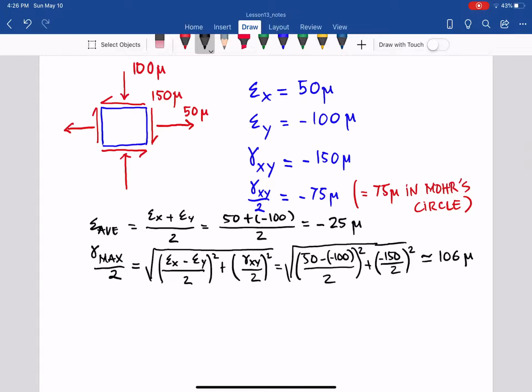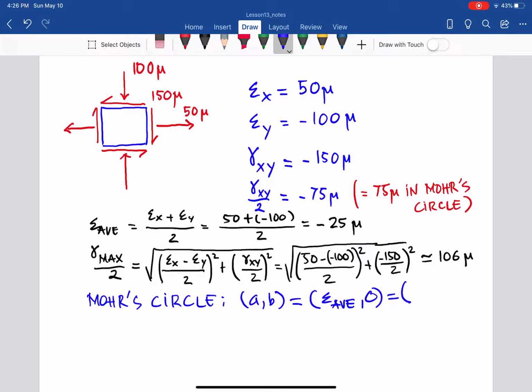And that is actually the radius. So as you can see, the radius now. So from that, what do we have? The center and the radius, right? So AB for the Mohr circle. We have AB, the center, equal to epsilon average, 0.